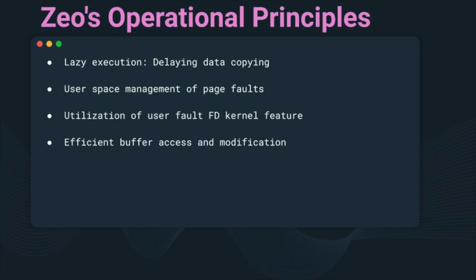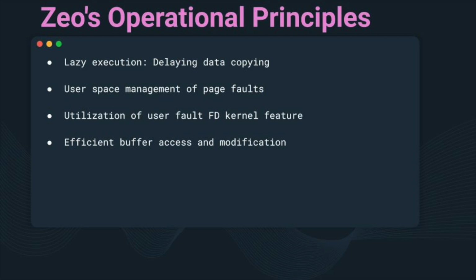It defers the actual copying of the data until it's absolutely necessary, such as when a buffer is accessed for modification. Now, handling page faults in user space. ZIO utilizes a kernel feature called userfaultfd to manage page faults efficiently. When an application accesses a buffer that has been marked as unmapped or deferred by ZIO, a page fault will occur. ZIO then handles this fault in user space, copying the data only when it's accessed.